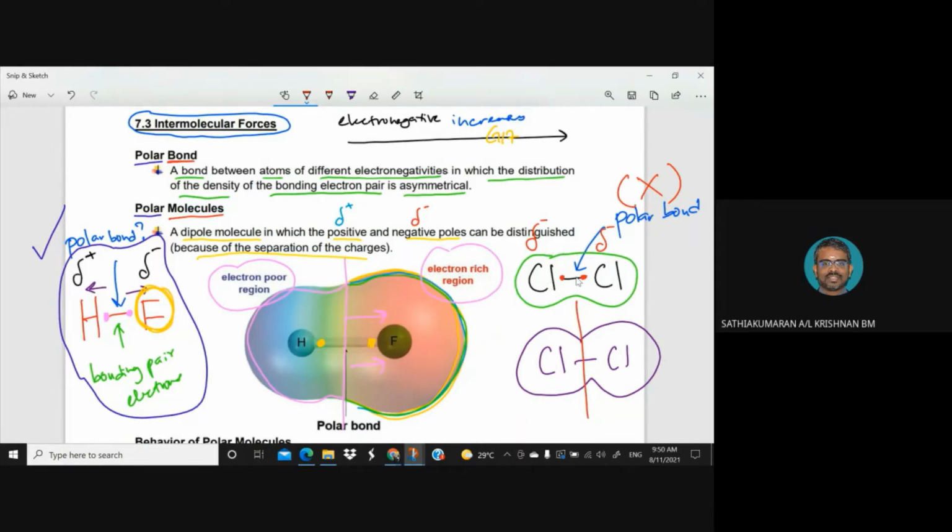So this one is not a polar molecule, because we do not have a positive dipole. We call it a non-polar molecule.